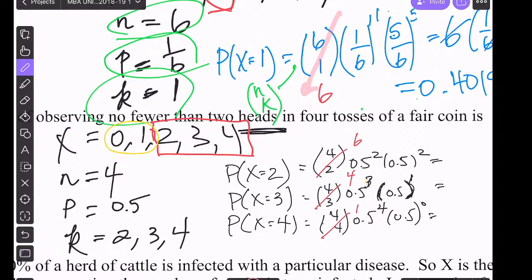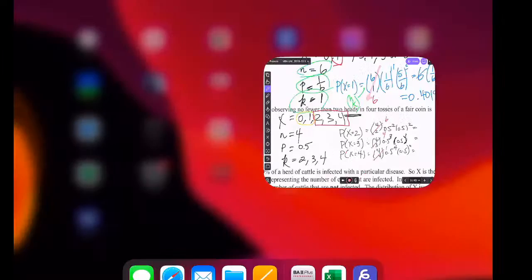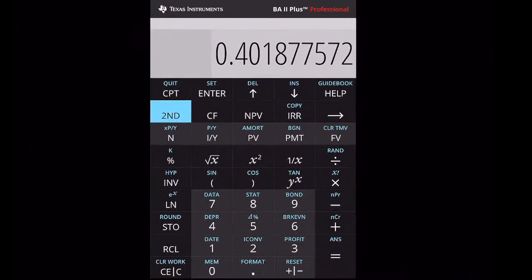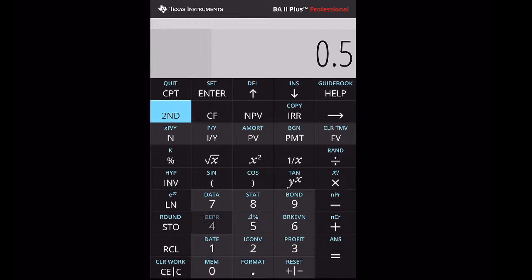So let me show you how you put this in your calculator. For people who don't know, so 6 times, I'll use a bracket, 0.5 to the power 4. And there it is, 0.375.